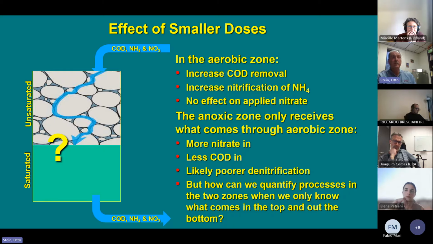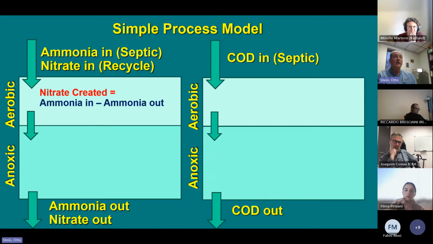So what we did was say, well, the amount of nitrate we created, and we assumed that was in the aerobic zone, was the ammonia in and the ammonia out. Then the amount of nitrate removed was what came in with the recycle versus what came out, plus what was created in that upper zone.